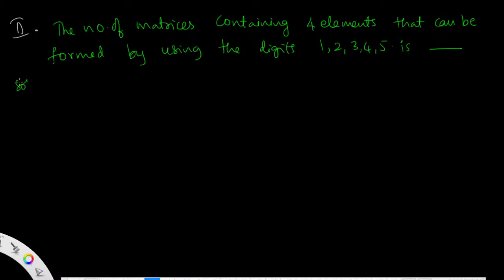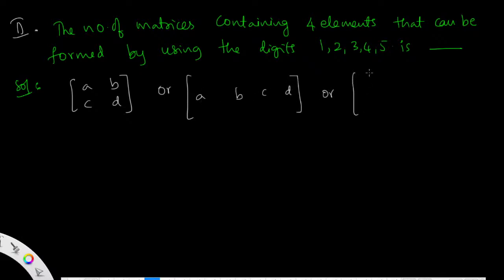So the solution is: the matrix may be a square matrix, or else a rectangular matrix, or else a row matrix or column matrix. How many digits are given? The digits given are 1, 2, 3, 4, 5.